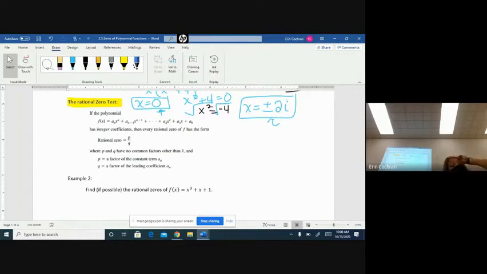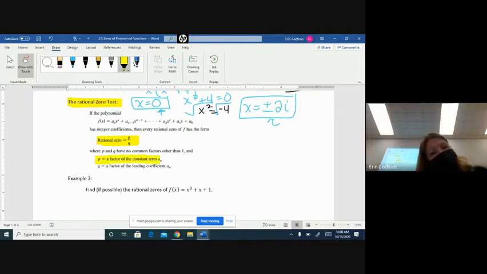To find the rational zeros, we took p divided by q. p represents the factors of my constant term, and q is the factors of my leading coefficient. So we take the factors of my constant and divide by the factors of my leading coefficient. Those are going to be possible rational zeros. Will all of them be actual zeros? No, they're just possible ones for us.